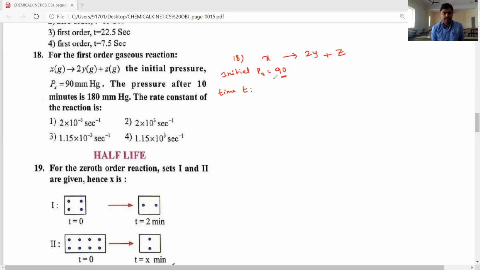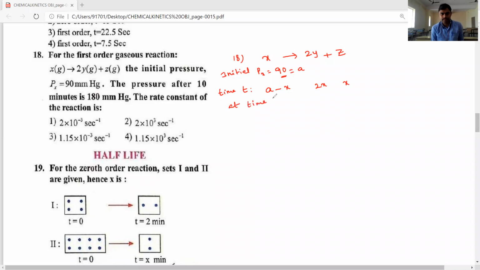Let the initial pressure be A, equal to 90, and it decreases by some amount, a small x. Then the pressure formed due to Y is 2x, and due to that x, Z is formed with pressure x.